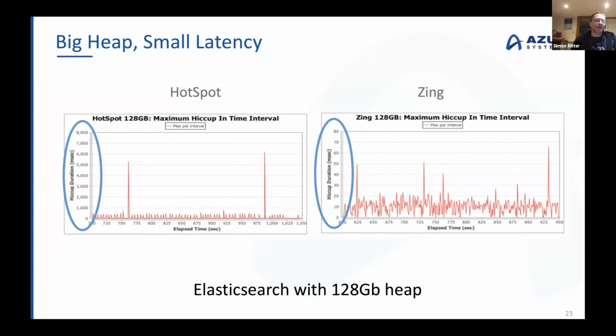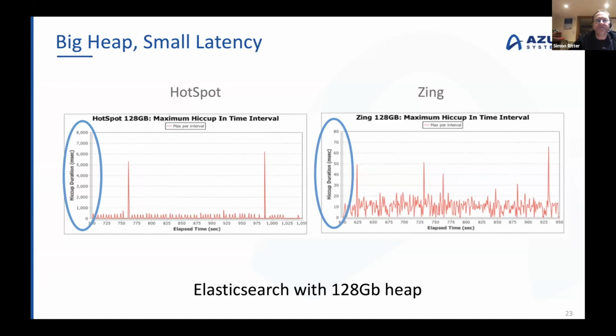If we look at the left-hand side, this is running hotspot, and the graph is from 0 to 8 seconds, meaning all those minor GC pauses are around half a second, and the major GC pauses are something like 5.5, 6.5 seconds there. On the Zing side, I have scaled it from 0 to 80 milliseconds.